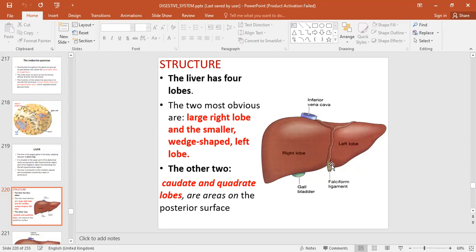Now we're saying the undersurface of the falciform ligament, this ligament separating left from right, is a ligament that was previously serving as umbilical vein. So this is the umbilical vein and its remnant. In a fetus, it is a vein and it is channeling oxygenated blood from the placenta to the inferior vena cava.